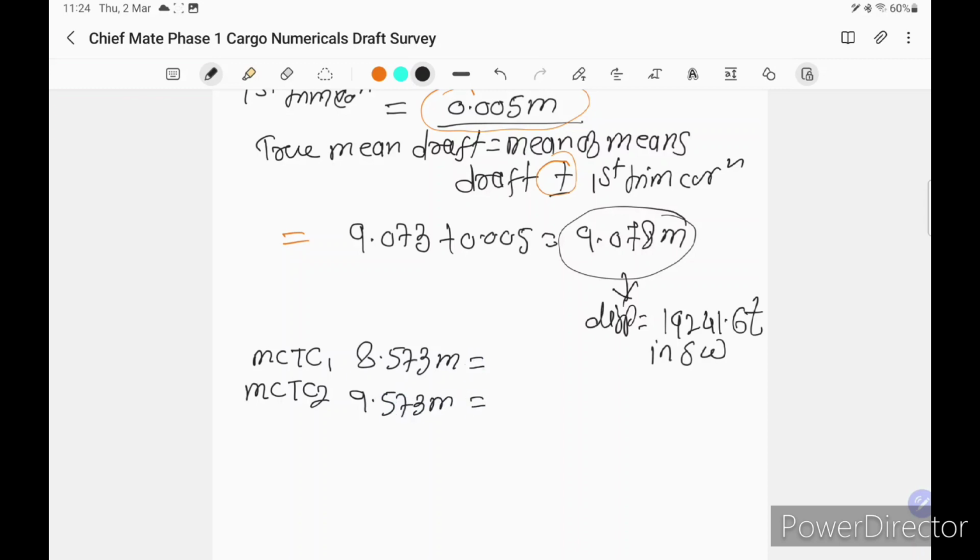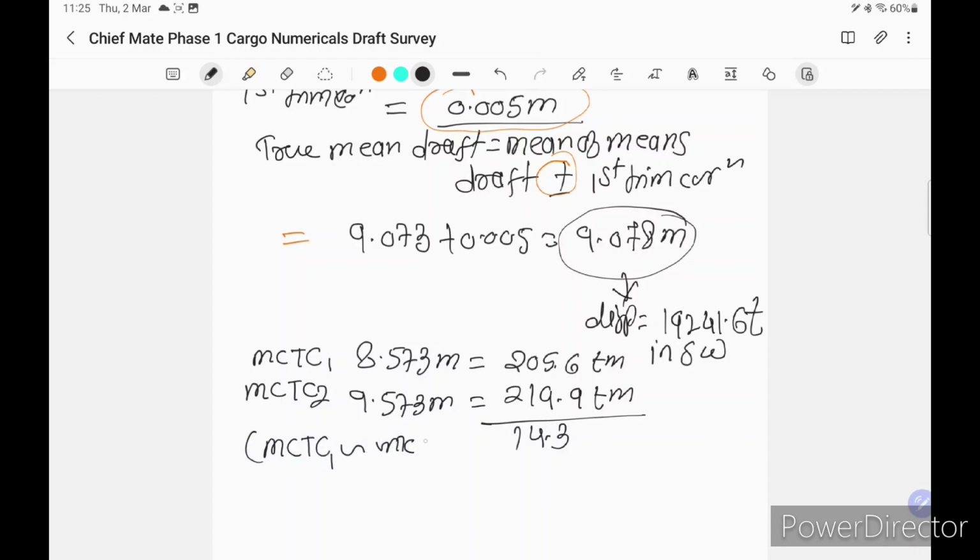Now we again go into the hydrostatic particulars and we calculate. We get the figures 205.6 and 219.9. The difference between them is 14.3. That is MCTC1 and MCTC2.